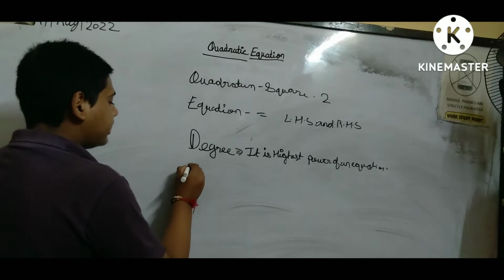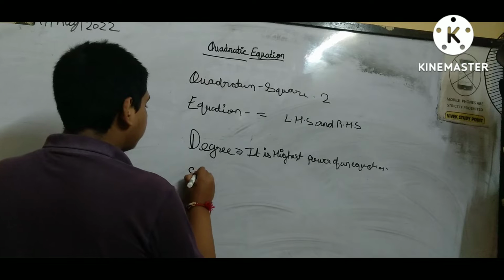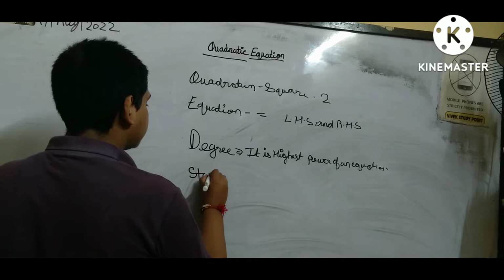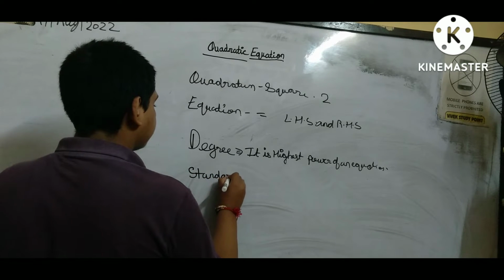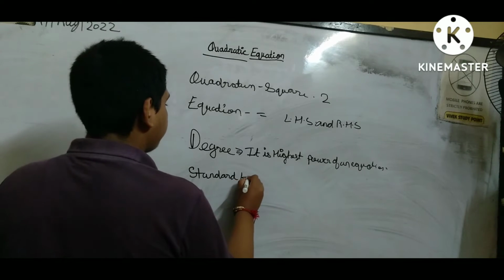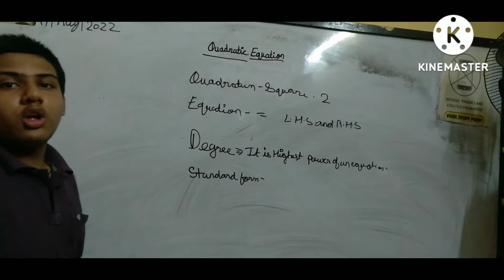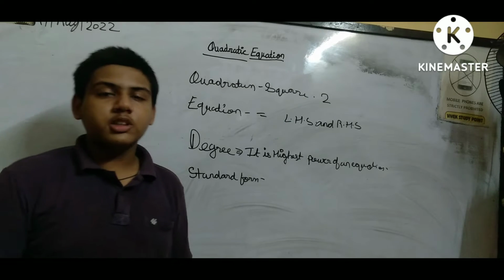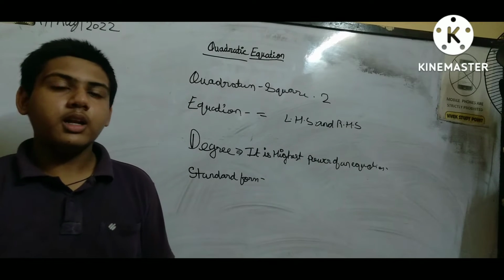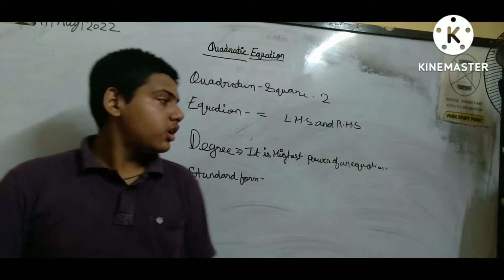So let's write the standard form of the quadratic equation. And one thing more, you have studied about the standard form of the quadratic polynomial in chapter 2, Polynomials.